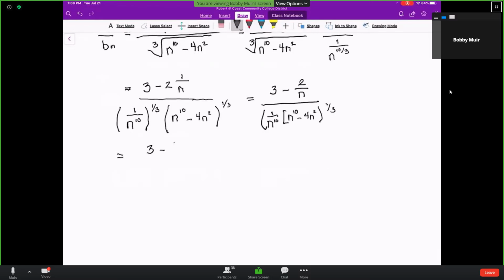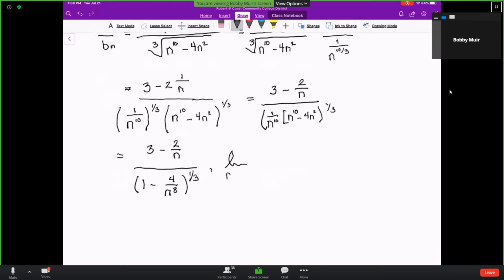So we have 3 minus 2 over n divided by 1 minus 4 over n to the 8th power, all to the 1/3.